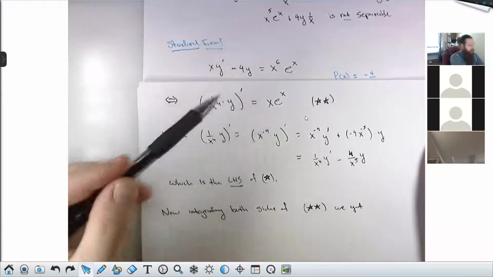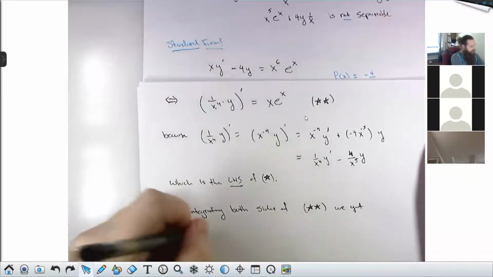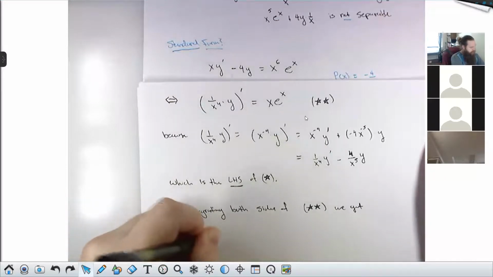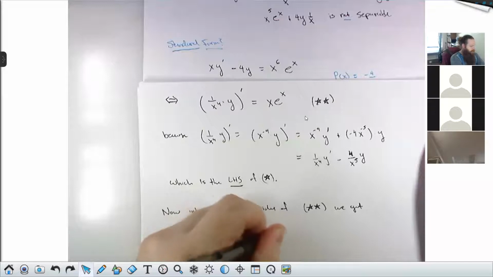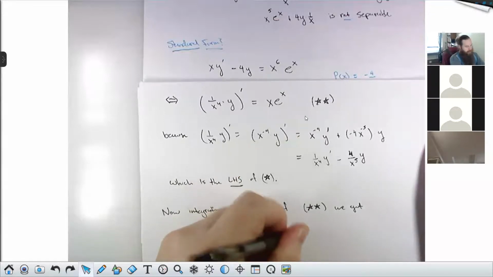You integrate a derivative, you get the original function back. And on the right-hand side, you have the integral of x e to the x dx.